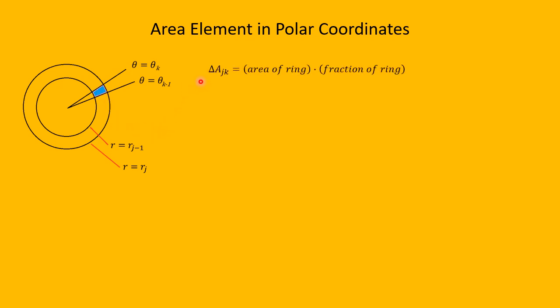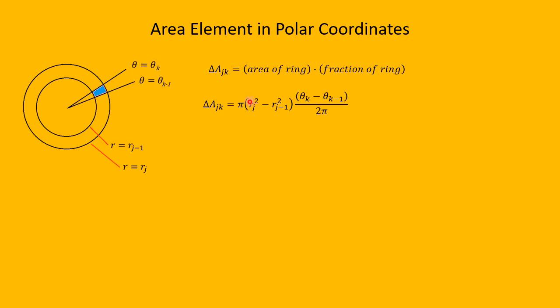Well, we can start by saying the area of that subregion, which I'll call A sub jk, is equal to the area of the ring all the way around times the fraction of the ring that you have by going from theta sub k minus 1 to theta sub k. So let's see.